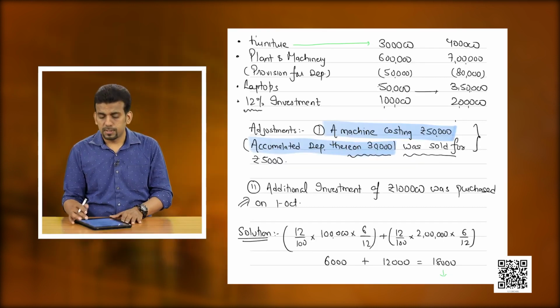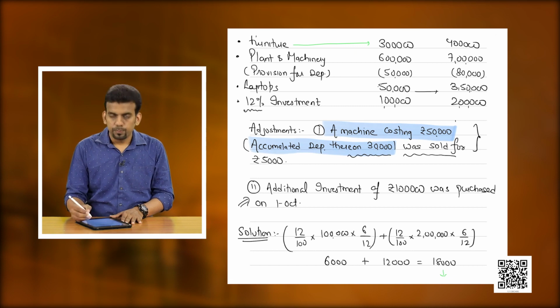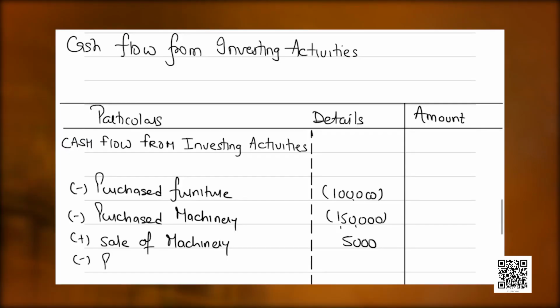We had laptops 50,000 to 350,000. That means you bought computers, laptops, etc. for rupees 3 lakh, an increment in the fixed assets, but an outflow of cash, minus purchase of laptops 3 lakh. Now, we have a last item, investment increased from 1 lakh to 2 lakh.